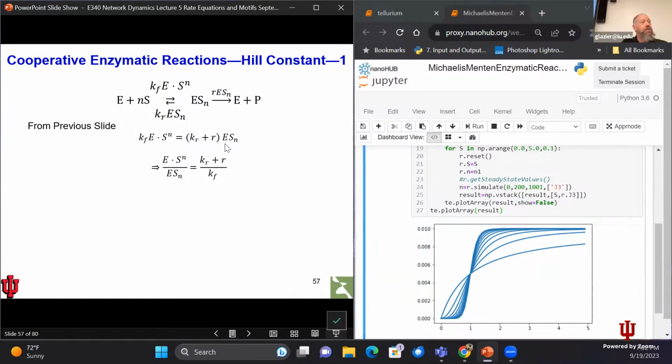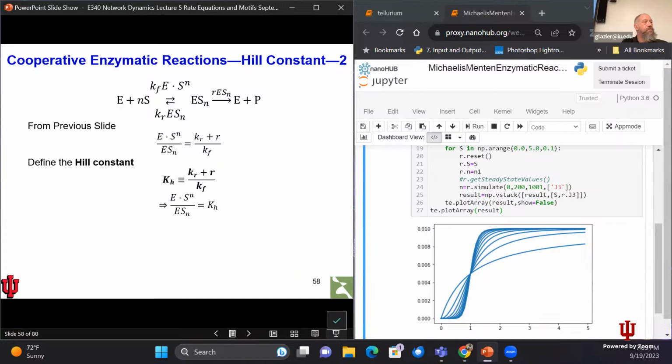So now we distribute: KF E times S to the N over ESN is KR plus R over KF. This is our old friend, the Michaelis constant, or now the Hill constant. So we define the Hill constant, KH, as KR plus R over KF, and that's E times S to the N over ESN.